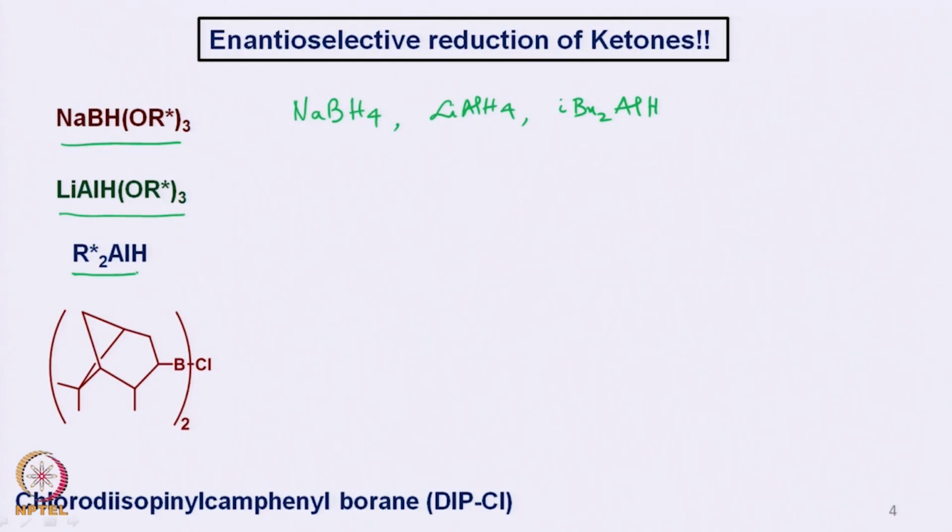And one of the very interesting methods developed by Brown was the use of this particular borane compound which has a chlorine attached to it, and this particular part is coming from a pinene part.